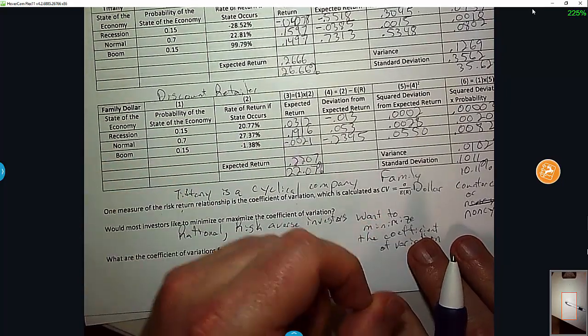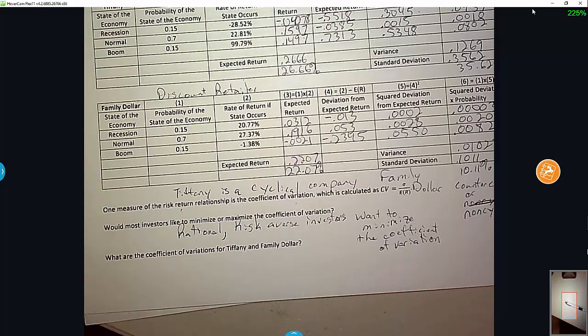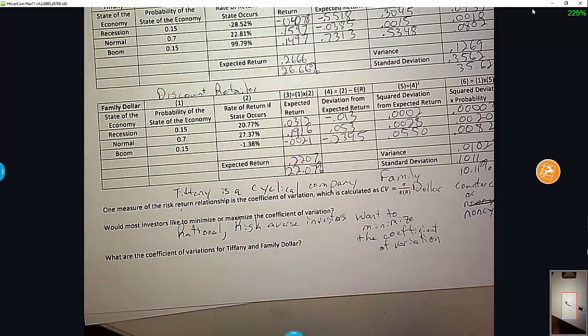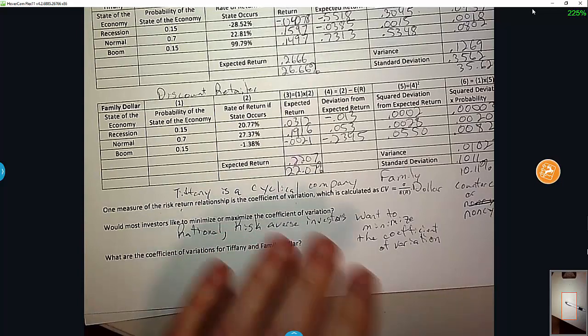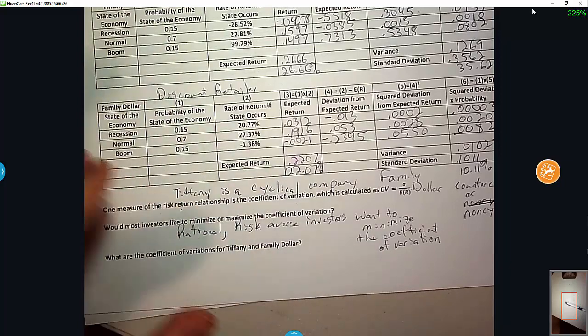One is the Sharpe ratio, which takes into account the risk-free rate and changes to the risk-free rate over time. But for what we want to do in here, the coefficient of variation works very well. What I want you to understand is that there's a risk-return trade-off, and so a lot of investors would choose the investment that gives them the lower coefficient of variation, even though it may not give them the highest return.